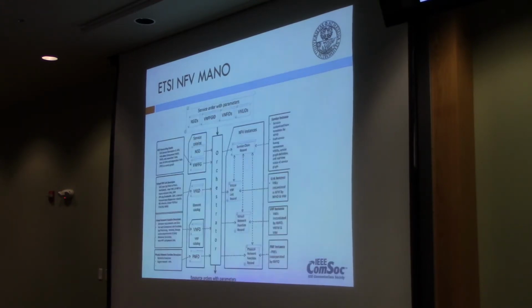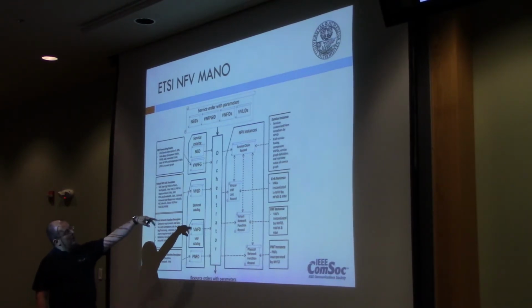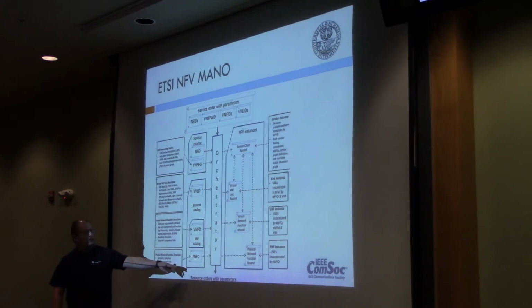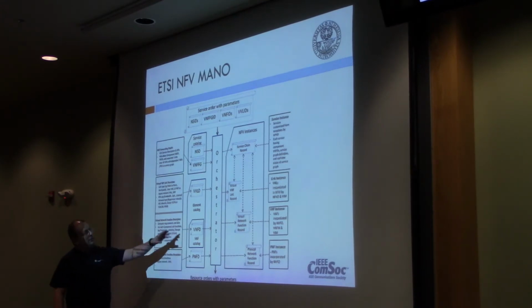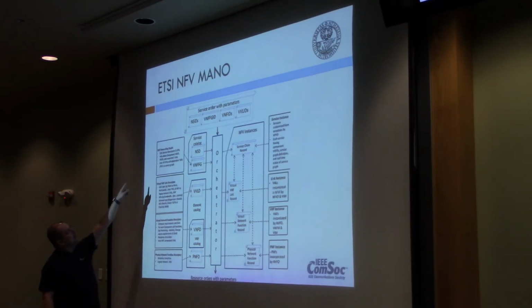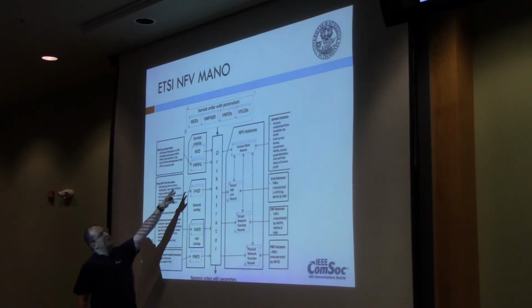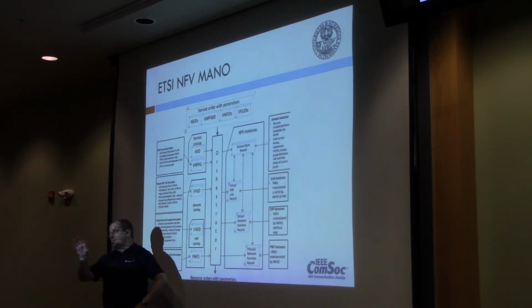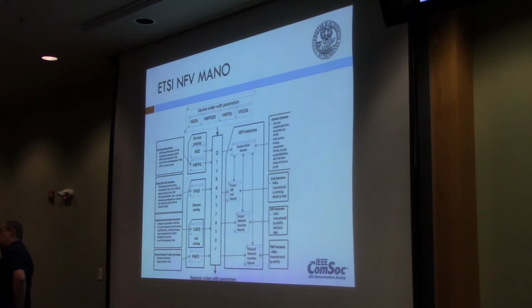Another way to look at it is an example to show you how the orchestrator is a very complex object, because it gets as input the VNF forwarding graph. This is the famous sequence of operations that are chained together.